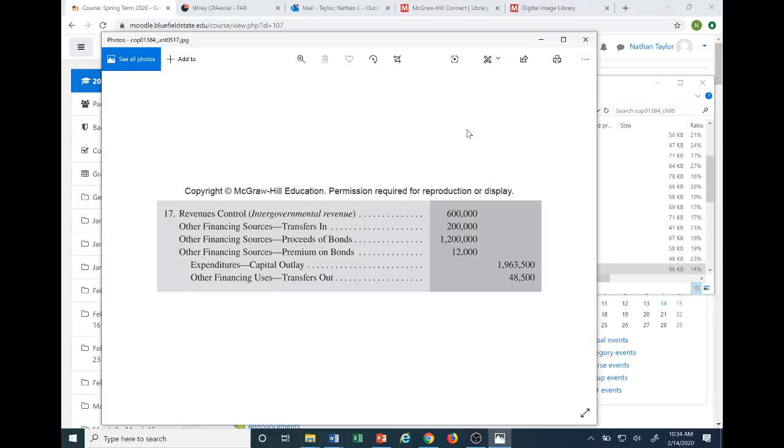What are the three situations when we would have to transfer money from the capital projects fund to a debt service fund? What are the three things that would trigger that? Premium on bonds. Yep, that's something that accrues.